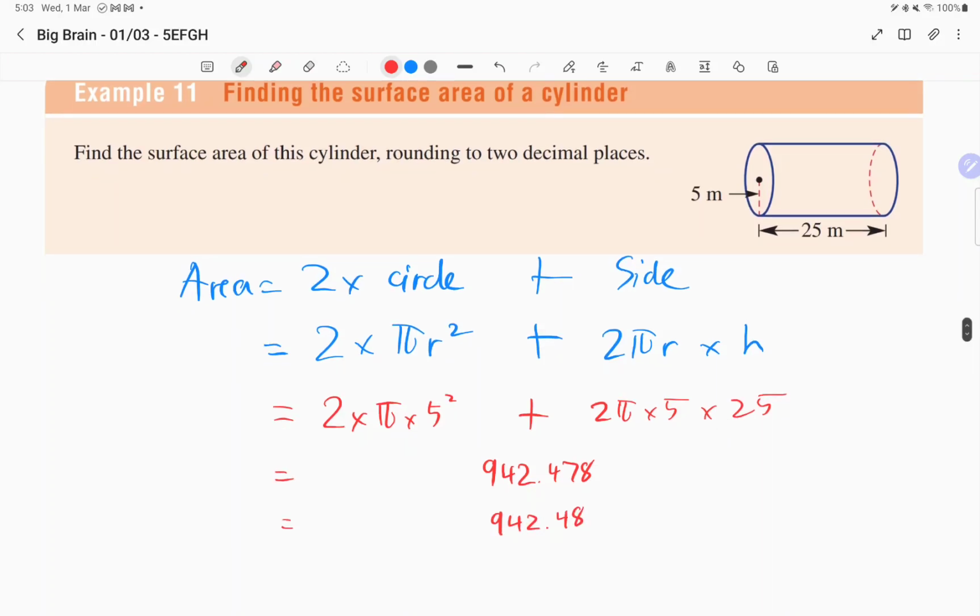Make sure you give the final answer in 2 decimal places. Press S to D, so that's 2 decimal places.